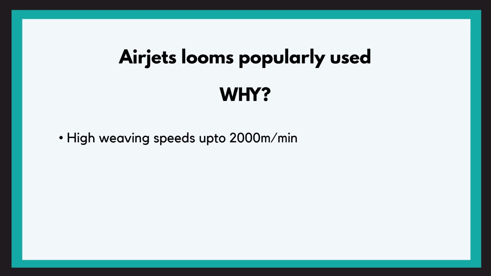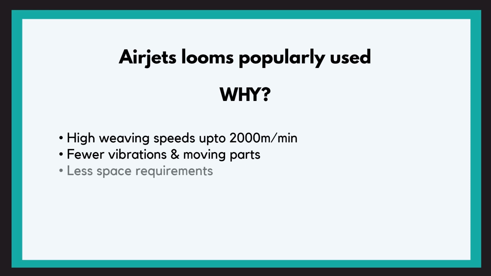There are few moving parts in the machine, and thus the noise and the vibration levels are lower compared to other systems. The operation of Airjet looms is simpler as fewer spare parts are required, which also improves the maintenance of the machine. It has reduced floor space requirements, and all of it combined, Airjet produces a wide range of fabrics economically.